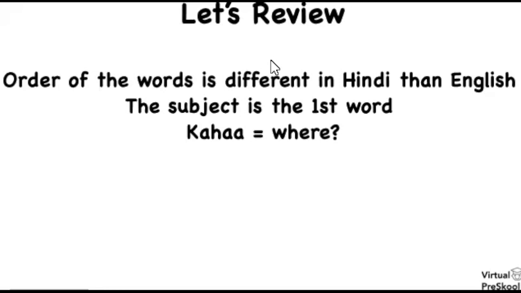And we learned that the subject is always going to be the first word in a Hindi sentence. So remember our very first example, where is Yoda? The subject is Yoda, so that's going to be the first word in our sentence. Yoda kahan hai? And lastly, we learned that the word kahan is how we say where in Hindi.